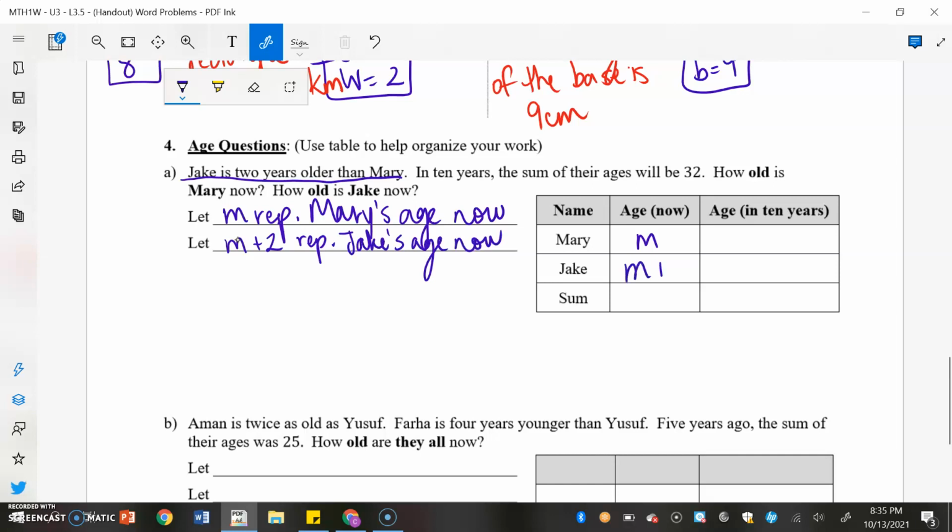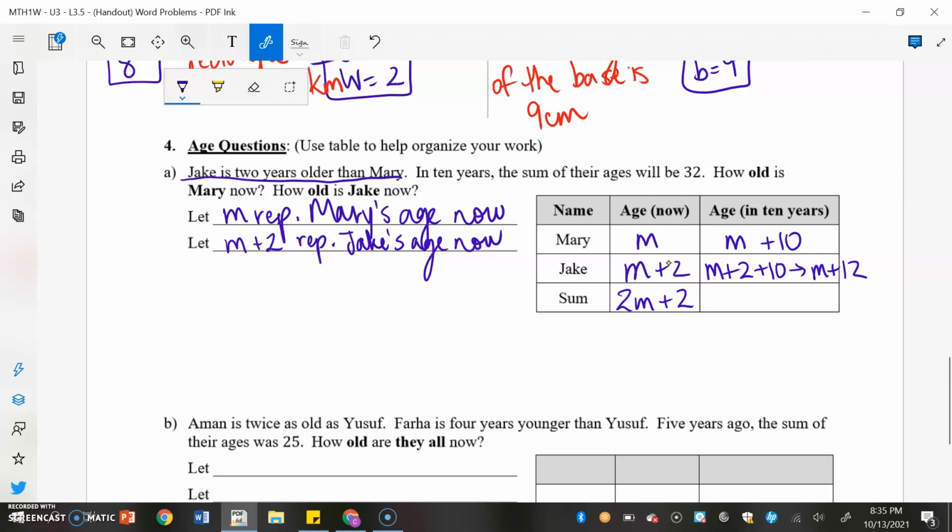So Jake would be M plus 2. The sum of their ages now, if we add these two values together, would be 2M plus 2. In 10 years, each of their ages, we'd have to add 10 years to it. So we would have M plus 10. And for Jake, it would be M plus 2 plus 10, which is really M plus 12.